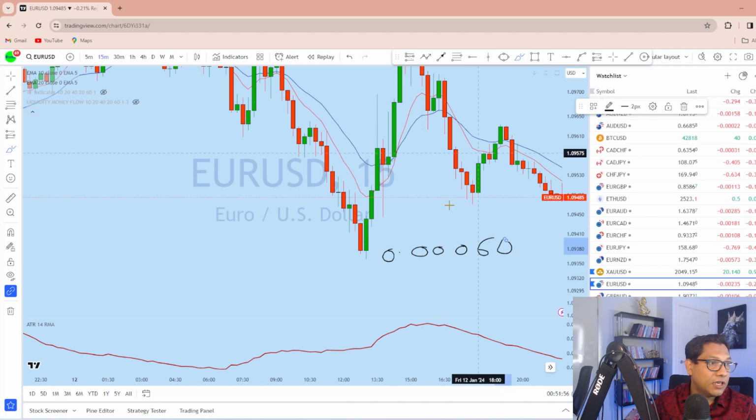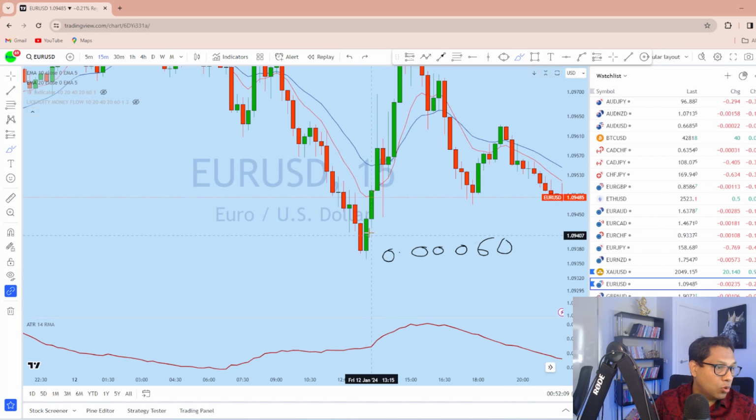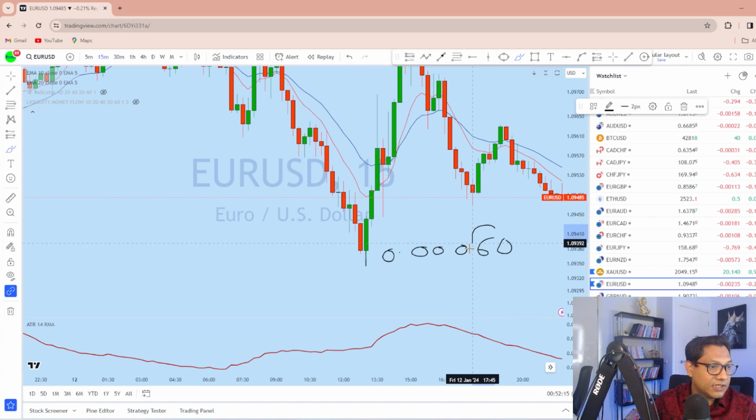After the point, 1, 2, 3, and the fourth place is what you consider as the pip. So if you look at the value for this candle on the ATR indicator, this is the 6 pip ATR for this candle.